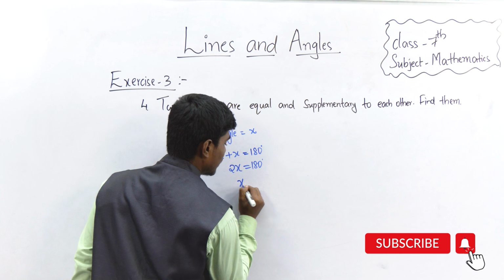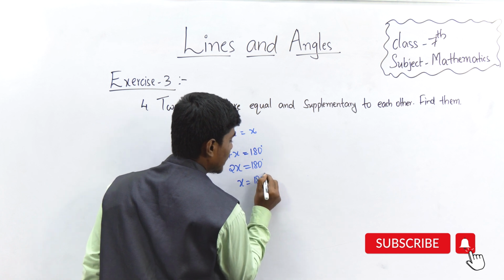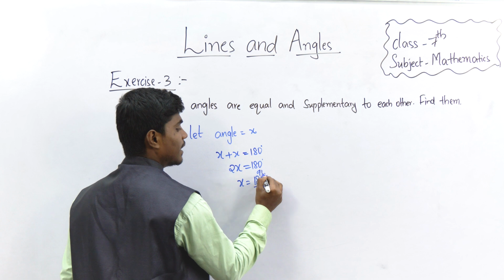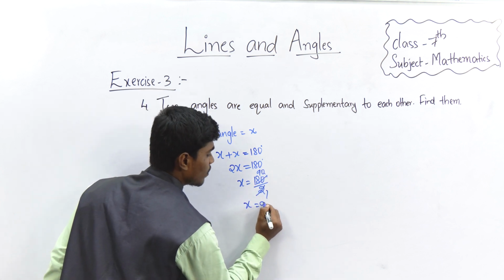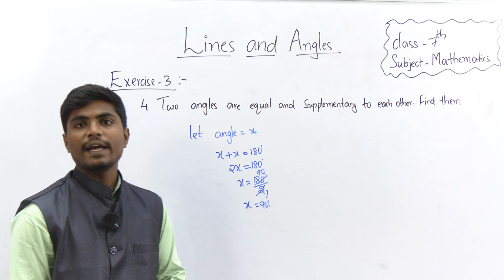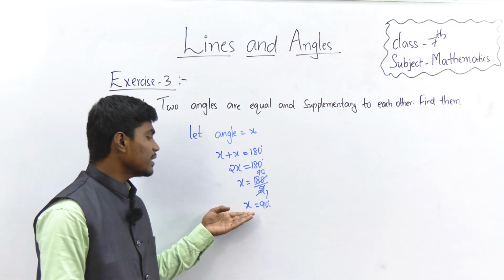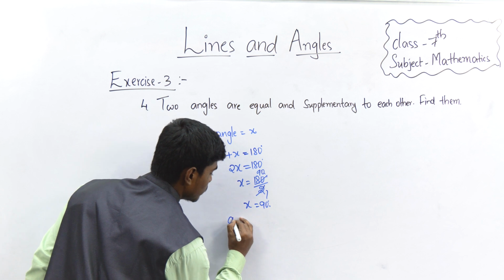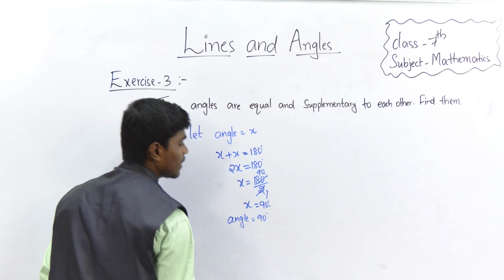So x is equal to 180 degrees divided by 2. Two nineties are 180. So x is equal to 90 degrees. Here the x value is 90 degrees. What is x? X is the angle. So the angle is equal to 90 degrees.